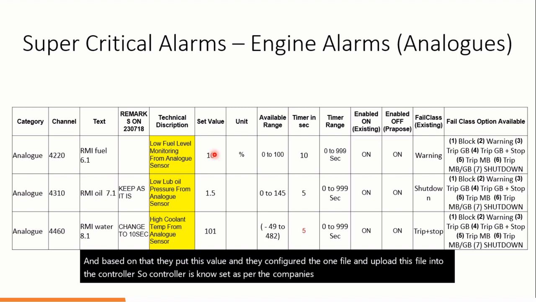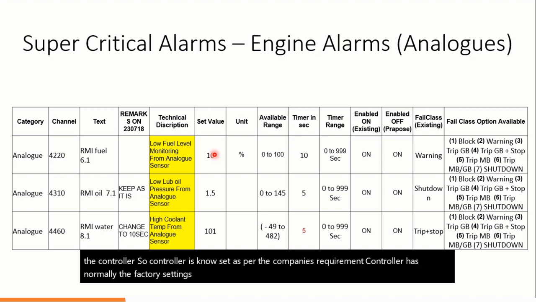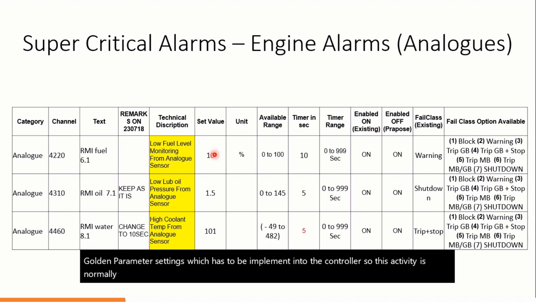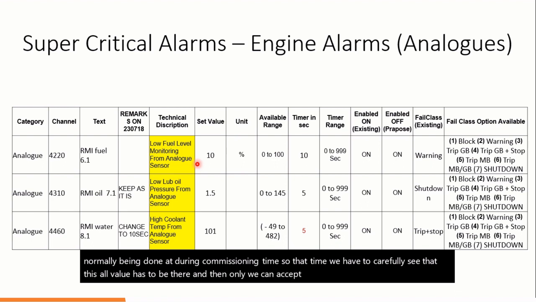The controller normally has factory settings, but based on our requirement we can sign off with our DG provider, who provides the entire DG set and services, and decide that these are the final golden parameter settings to be implemented in the controller. This activity is normally done during commissioning. At that time we have to carefully check that all these values are there, and only then can we accept it as a properly commissioned engine.